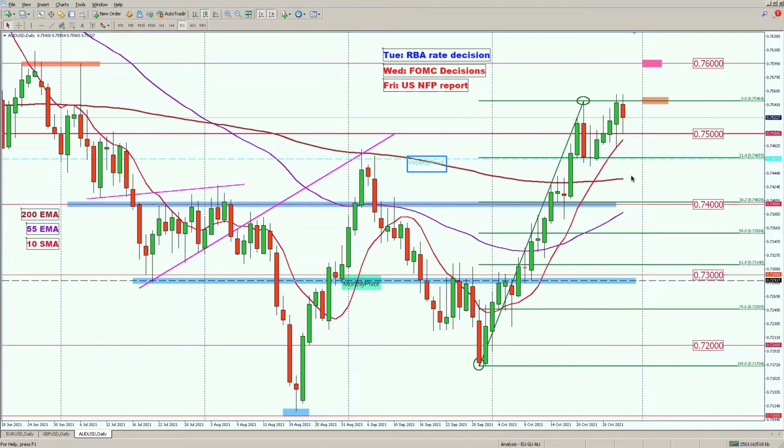So for now, if it does retrace lower, it's going to target the 21 fib first before targeting the 38 fib retracement. So let's find this level here, which also aligned with last week's weekly pivot at around the 74.65 area.